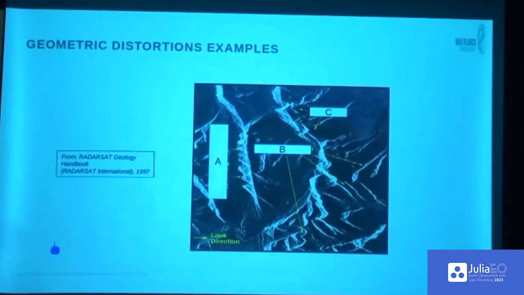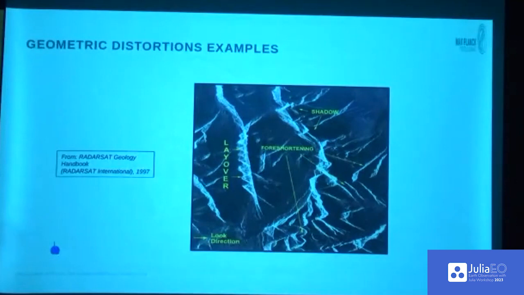And so the foreshortening is these brighter appearing areas here. Then the shadows are easily distinguished as very dark areas where it shouldn't be that dark because there's no water or other reflectance. And then you have the layover, which is these smoothing of the mountain areas.